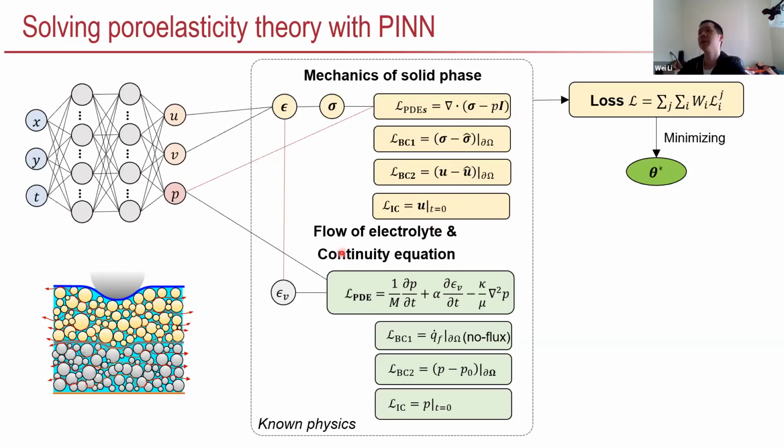We also have the equation for the fluid. So this is the governing equation for the fluid flow, and we have some boundary conditions and also initial conditions. So similarly, if we can minimize all these terms, then this neural network prediction will satisfy the physics we know.